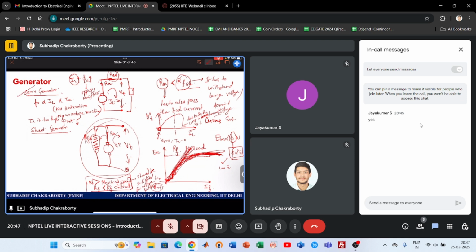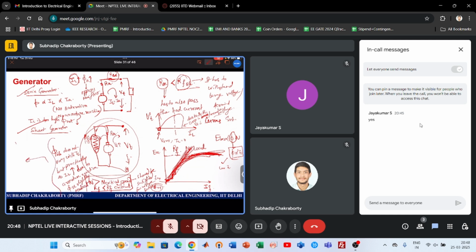So now you understand the series and shunt generators, because in the shunt generator the flux, ideally phi shunt, does not vary with IL, but practically, as load current increases, due to armature reaction, phi slightly reduces, not much, right?